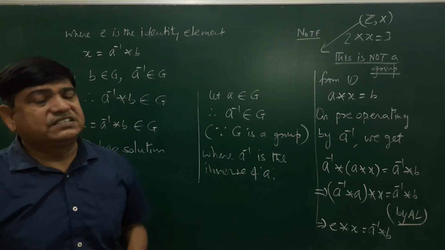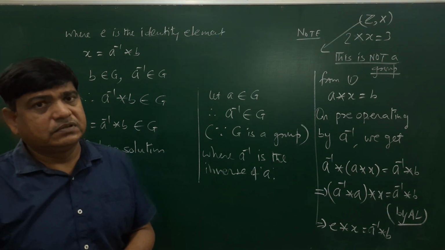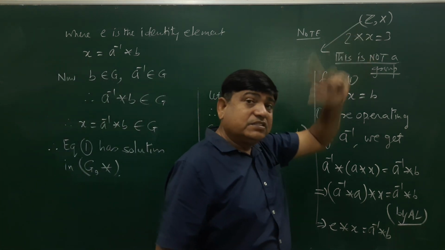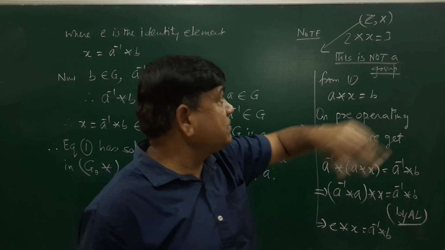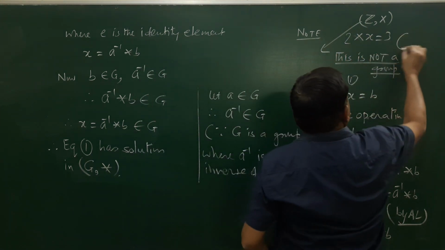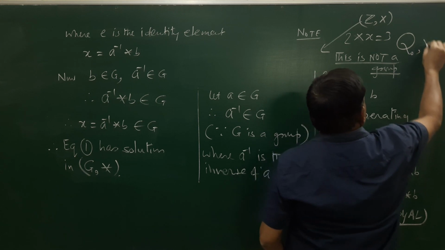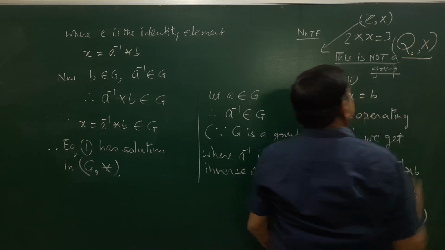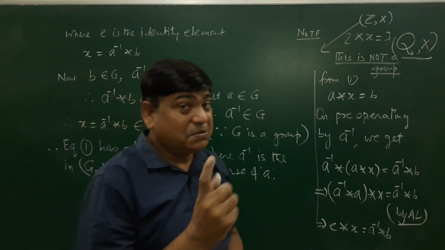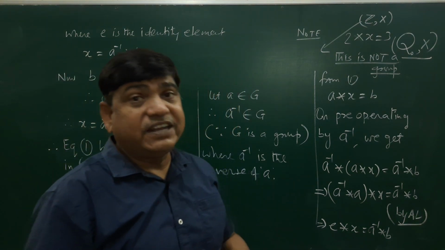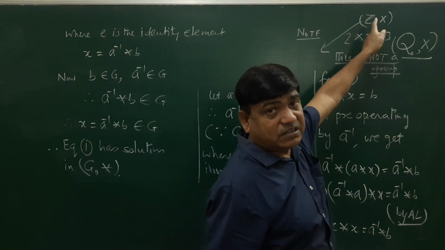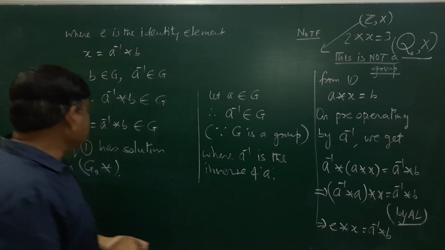Inverse does not exist. We know that this equation has the solution 3 by 2, but 3 by 2 is not a member of this one. That is in this, non-zero rational numbers, 0 ko hata ke. If I include 0, then again inverse does not exist, then that is not a group. So this is not a group, this is the binary composition. Okay, so let us continue.